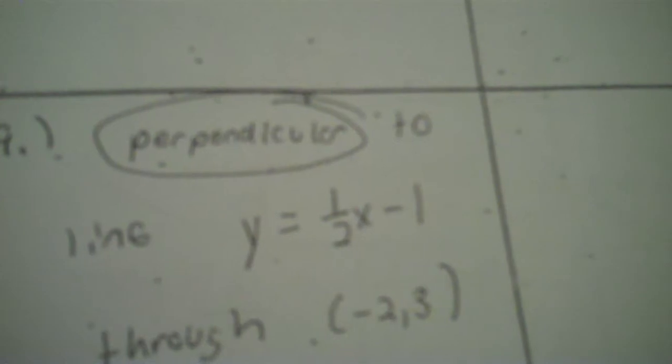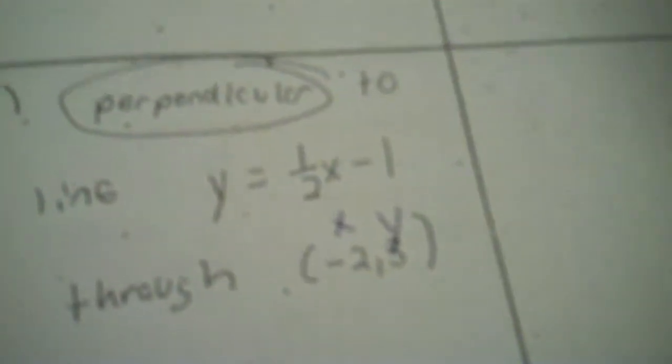Okay, perpendicular to the line y equals 1 over 2x minus 1 through negative 2, 3. So y equals blank x plus blank, m b. So again, m is the slope, b is the y-intercept. You don't have to write that down, but perpendicular, it's not the same m.